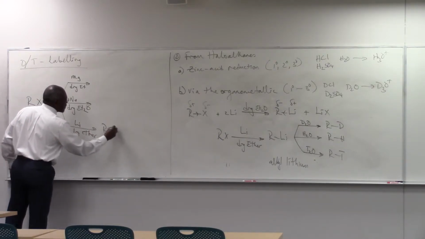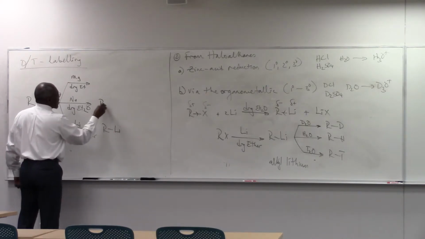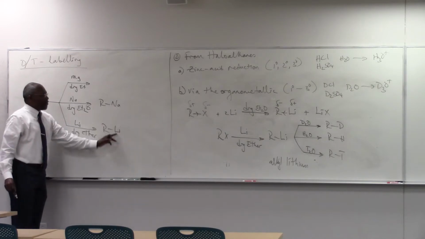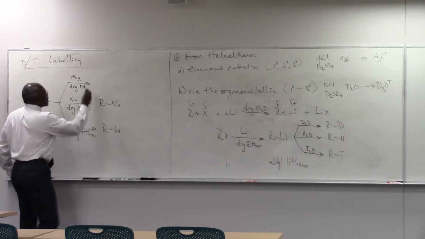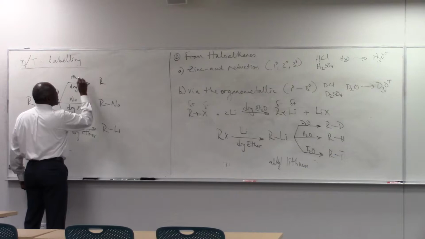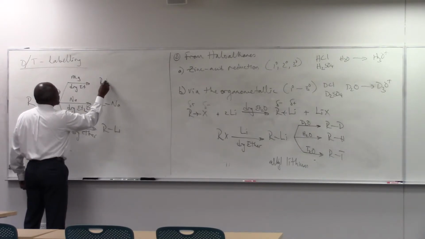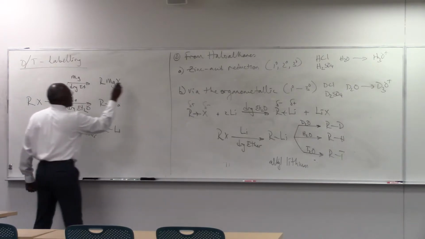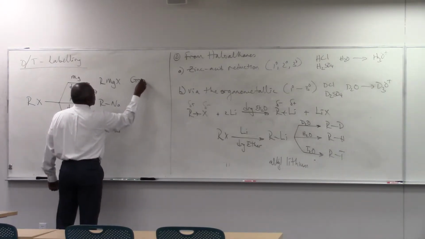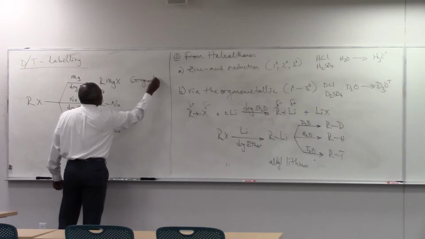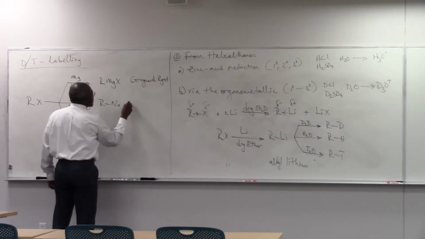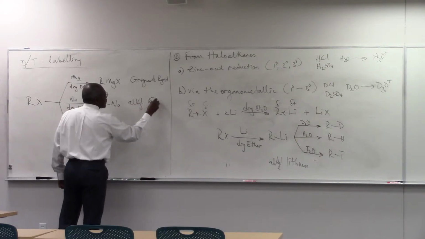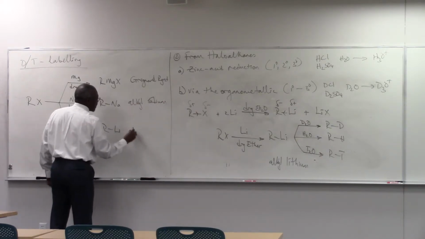This gives the alkyl lithium, this gives the alkyl sodium, and both of these are monovalent metals. Here, because the magnesium is divalent, what you get is RMgX. This is called a Grignard reagent. This is called an alkyl sodium. And you've seen already, this is called an alkyl lithium.